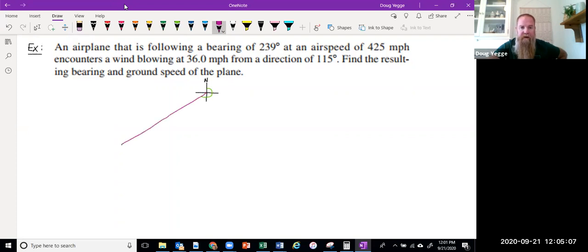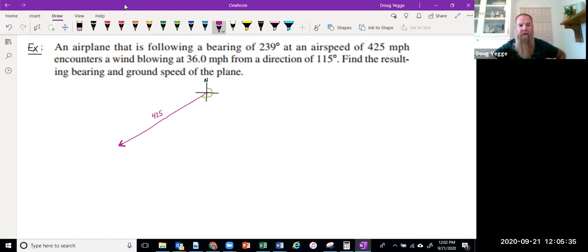Now it says it's an airspeed of 425 miles per hour. So I'm going to just label this as 425 miles per hour. Now, even though the vector is not 425, the vector is actually the direction and the speed, okay? But most importantly, right now, we just had to draw it in the right direction.